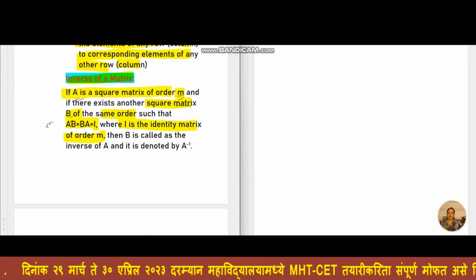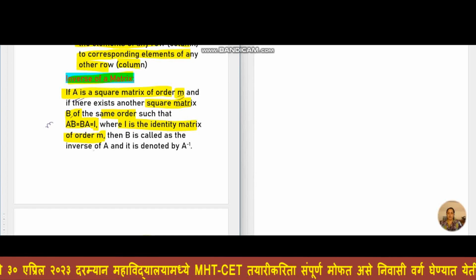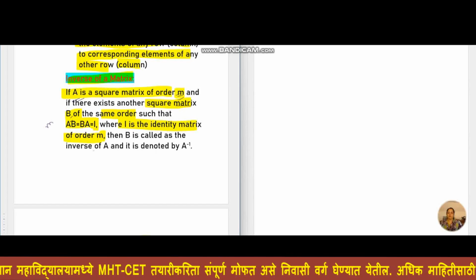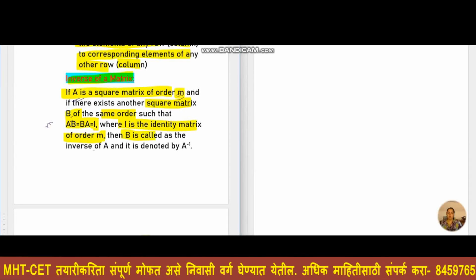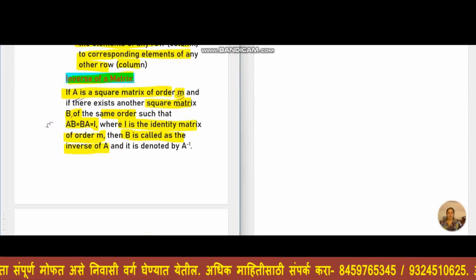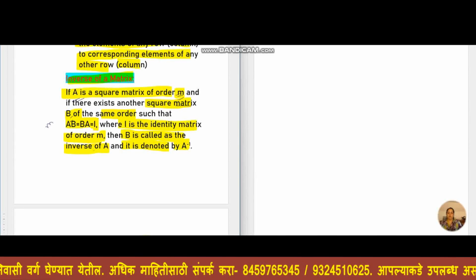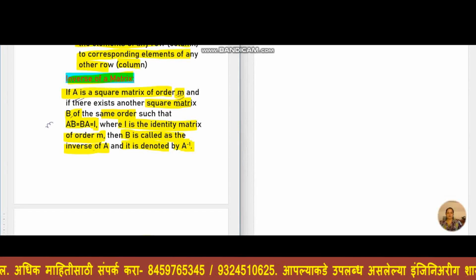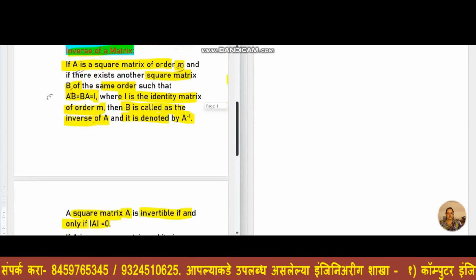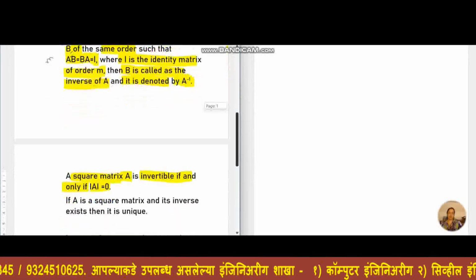Here m is the order of the original matrix A. Then B is called the inverse of A and it is denoted by A inverse. In this topic we will discuss how to calculate the inverse of a matrix.